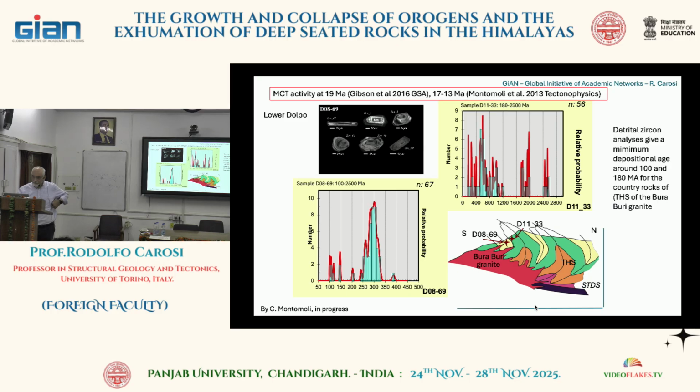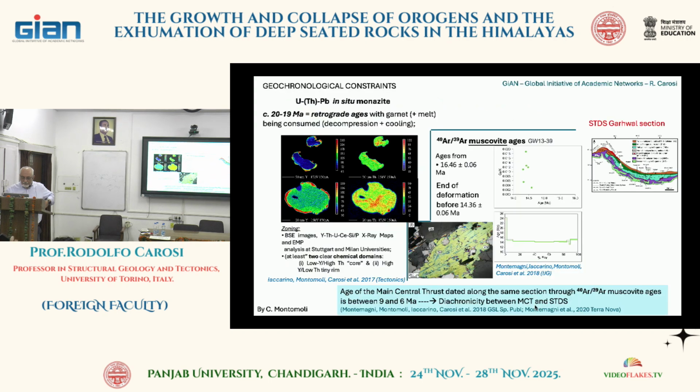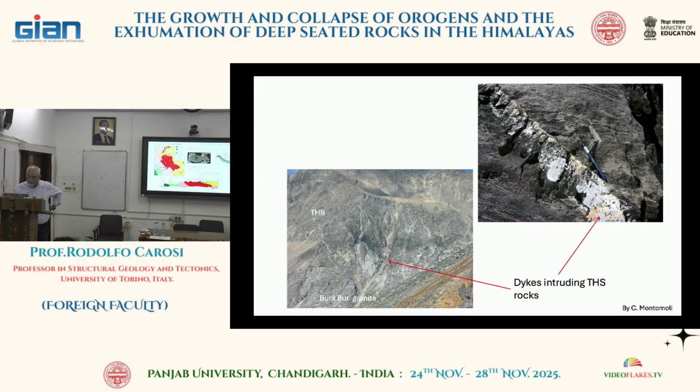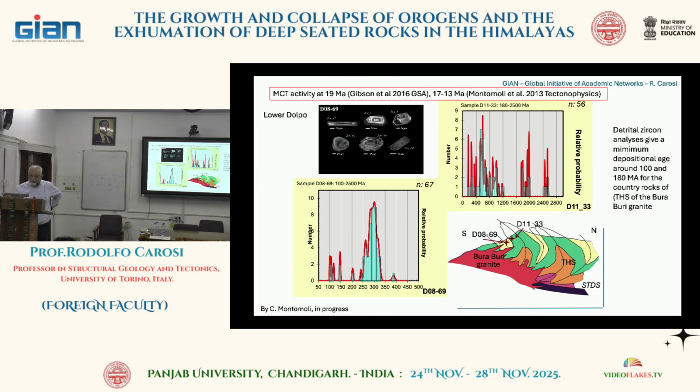So the age of the South Tibetan detachment should be older than the age of the granite, so older than 25, 24 million years. In this section, the Main Central Thrust activity has been dated at 19 million years by Gibson and others 2016, and 17 million years by Montomoli and others 2013.